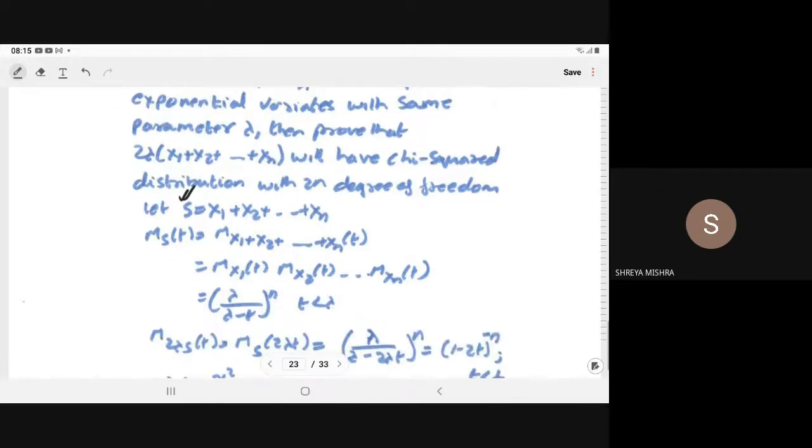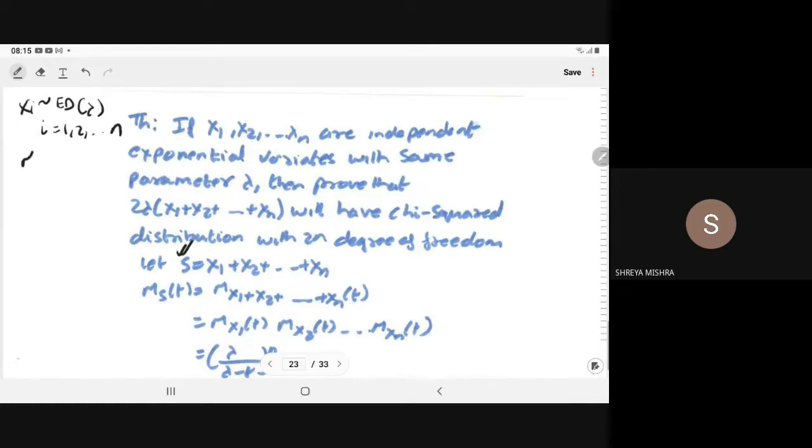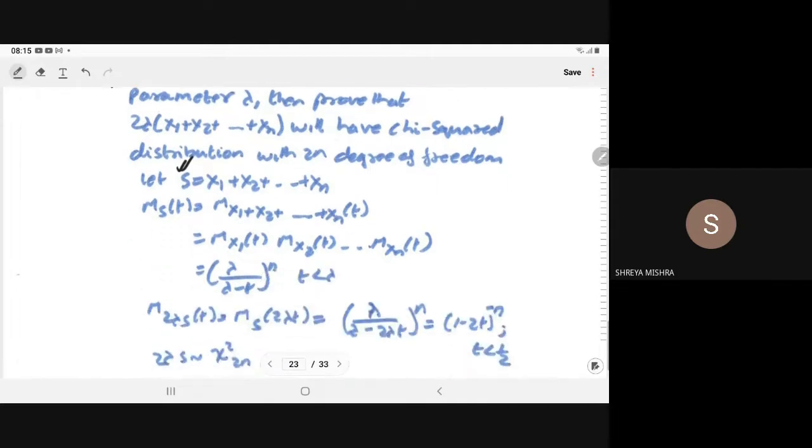For the exponential distribution, the moment generating function is lambda upon lambda minus t, for t less than lambda.